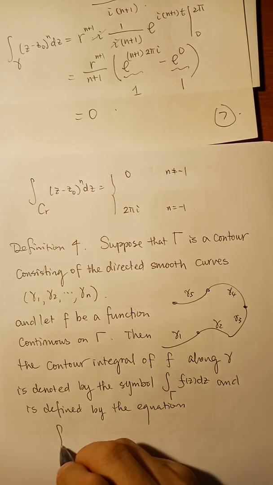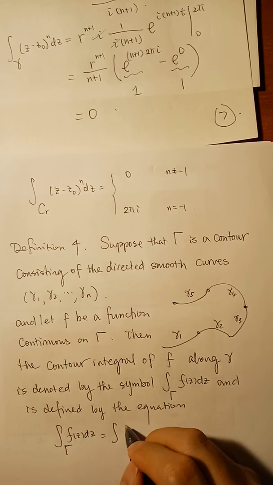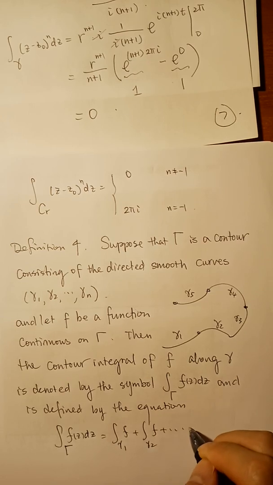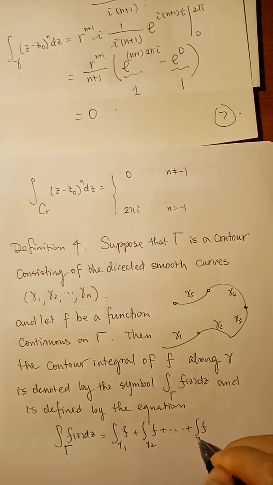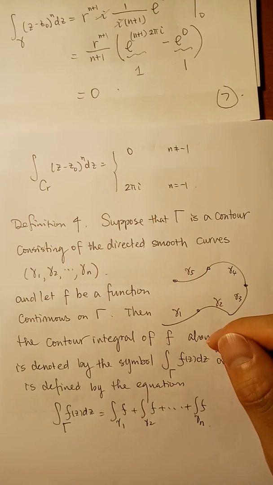The integral of f(z) dz along gamma is just the integral along gamma 1 plus the integral along gamma 2, up to the integral along gamma n. So just add them. You integrate the function piece by piece.